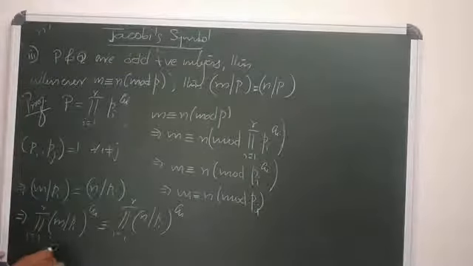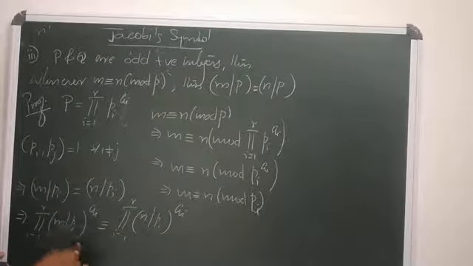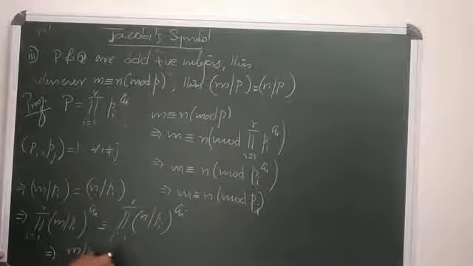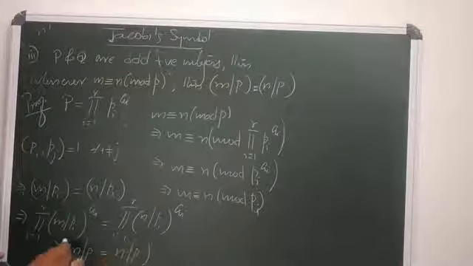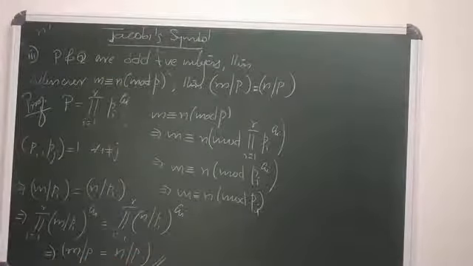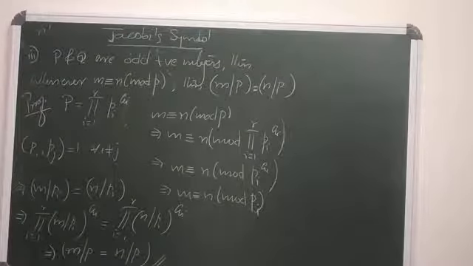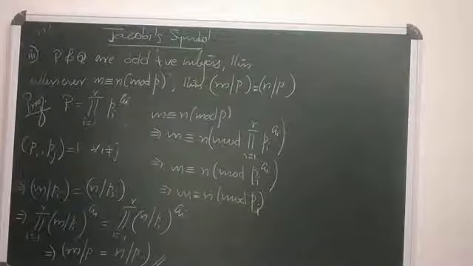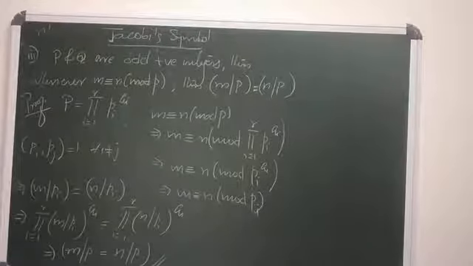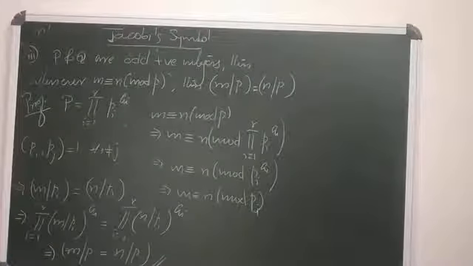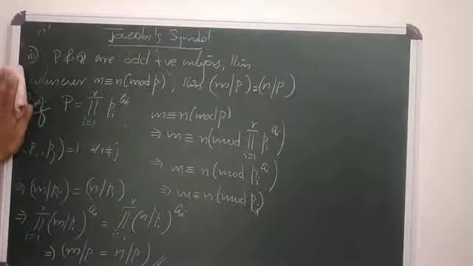What is the term on the left side? It is nothing but (m/p), and the right side is nothing but (n/p). So whenever m is congruent to n mod p, we conclude that (m/p) equals (n/p). That again depends on the property of the Legendre symbol. Clear? Now we go to another property.